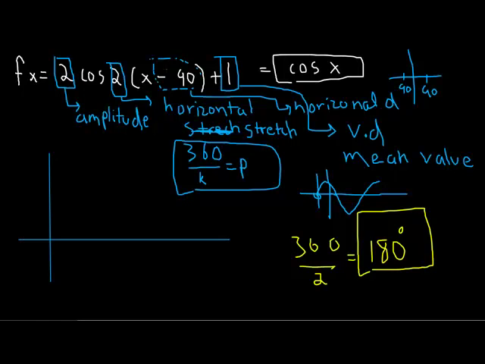But we also have our shifts here. We have our 90 degrees to the right, because it's negative so it goes to the positive side, and 1 up.